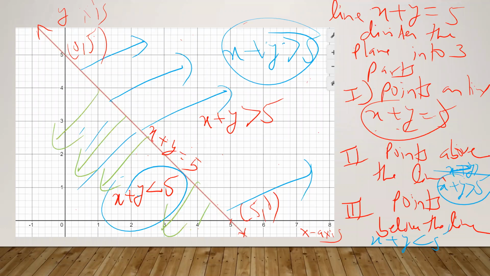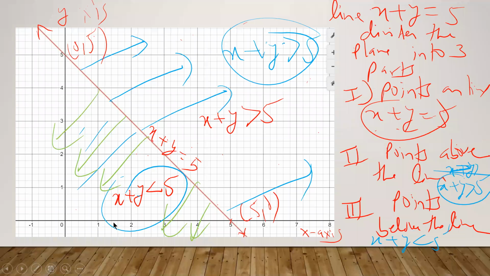Okay, so you can see here that if you take any point in this region and add its x and y coordinate, you will get x plus y greater than 5. So what we can say is the region above the line can be represented by the inequality x plus y greater than 5.